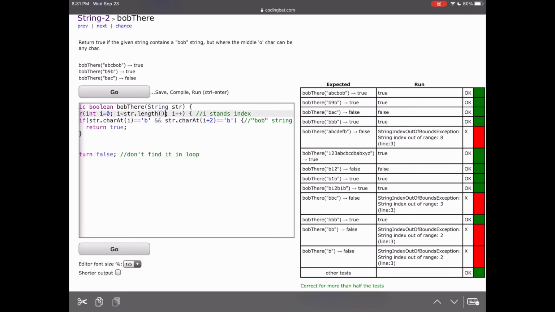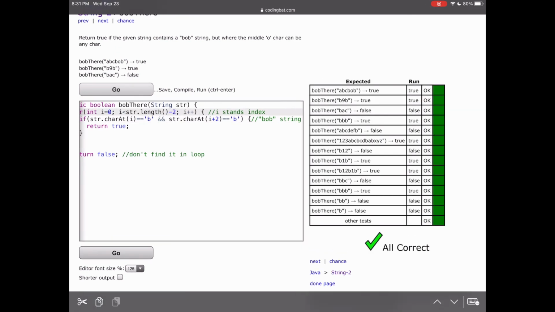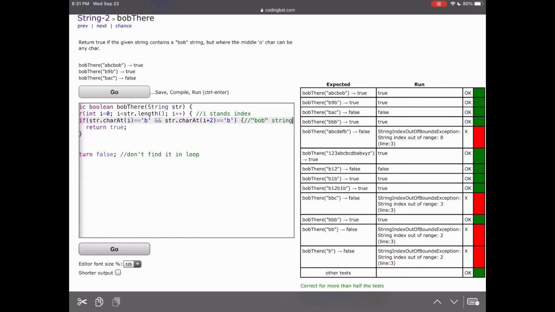So just to fix that, I can change my loop here to be less than length minus 2, and now I don't have to worry about running out of bounds, right? All of the previous ones, if I go back here, they were able to find the pattern before they got to the end of the word, right? Or they were unable to find the pattern. However, here, when it evaluates this first if I find the letter b, then I'm going to go look for another b.